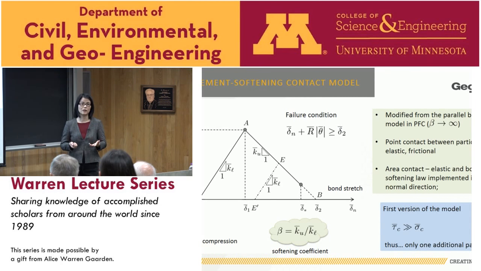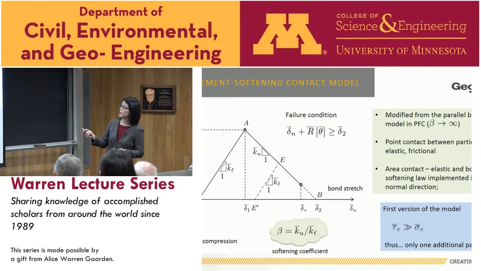And the question is, why do we need to introduce a different layer, a grain structure, on top of the particle? Why can we not just manipulate the contact laws to achieve that? So we thought about using the displacement-softening contact model.